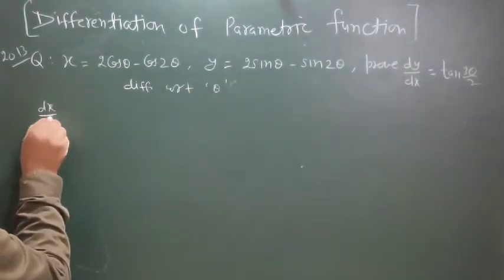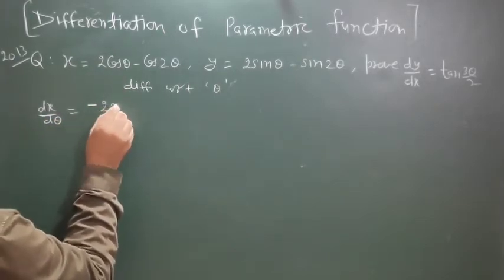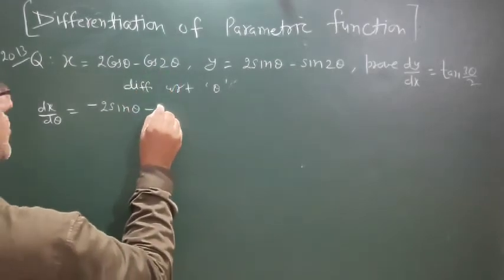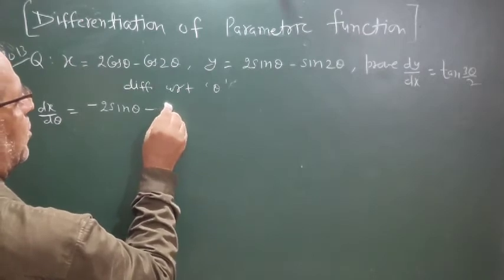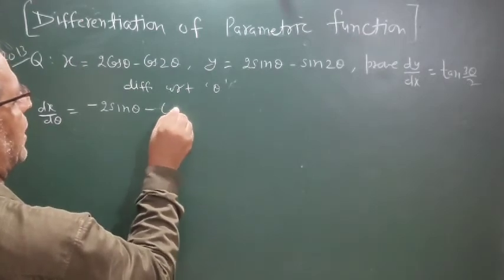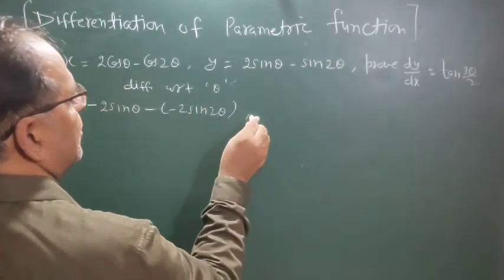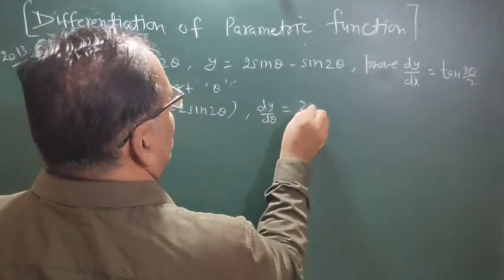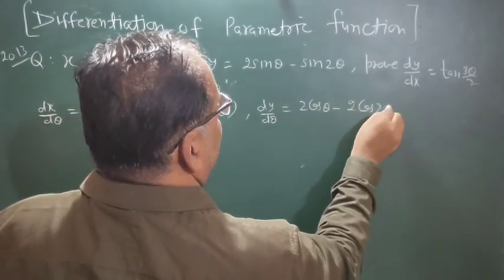So dx over d theta equal to differential of 2 cos theta becomes 2 sin theta, and differential of cos 2 theta becomes minus 2 sin 2 theta. Similarly, dy over d theta equal to 2 cos theta minus 2 cos 2 theta.